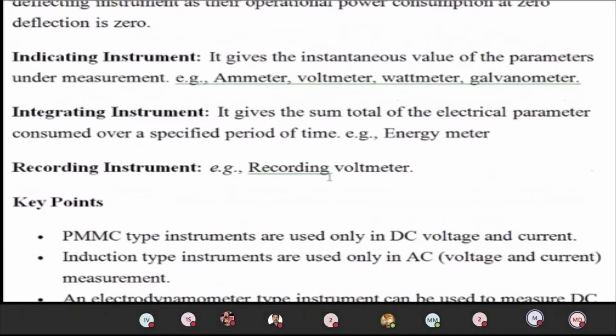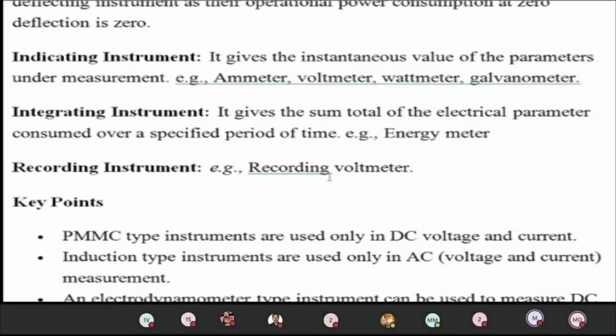And the next type is the indicating instrument. It gives the instantaneous value of parameters under measurement. Examples: ammeter, which gives the current value, voltmeter, which gives the voltage value, wattmeter, which gives the power value, and galvanometer.